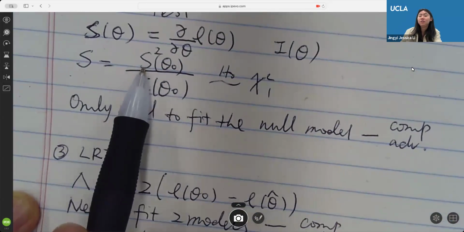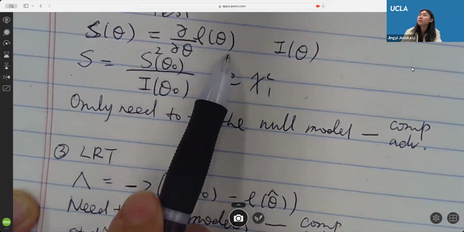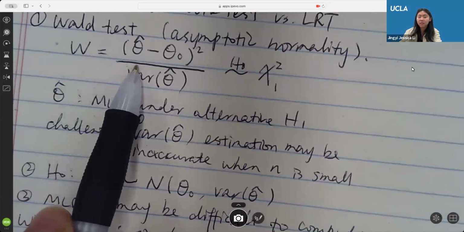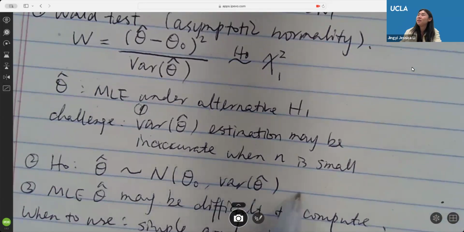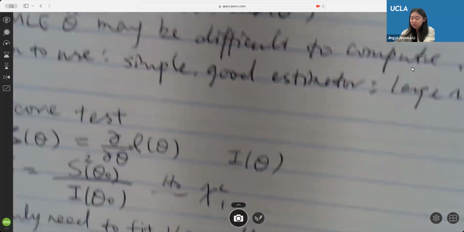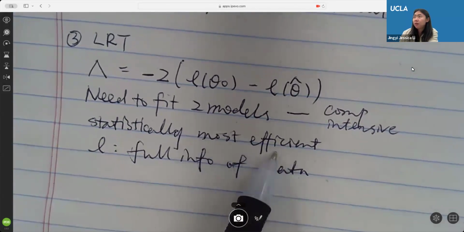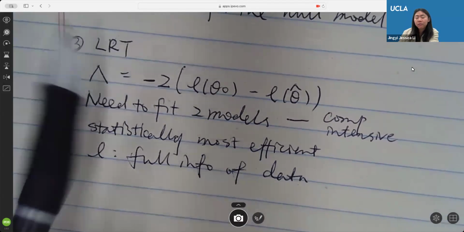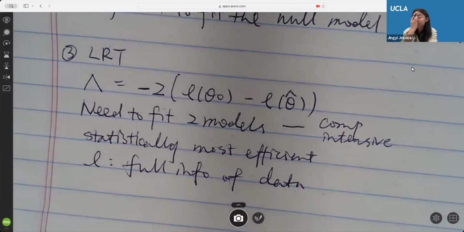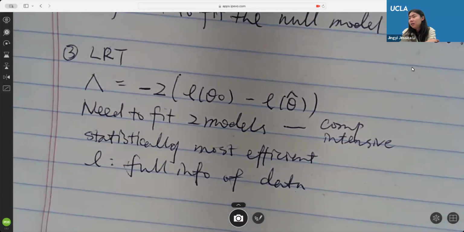While the score test doesn't use the likelihood, it only uses the score function, the gradient of it. And the Wald statistic only uses the asymptotic normality, but not the likelihood. So in terms of statistical efficiency, which is what we were just talking about, asymptotic variance and power, the likelihood ratio test is the most powerful.